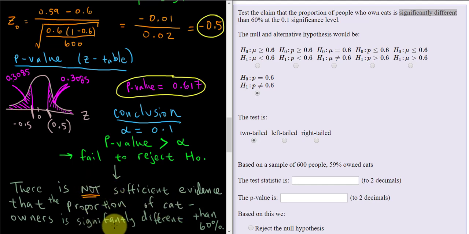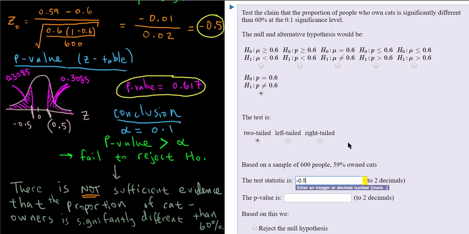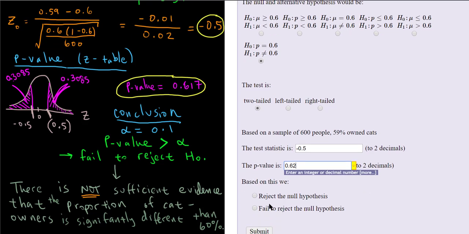And that can help you structure your conclusions or interpret a conclusion that is already pre-written. Let's go type these values in to make sure that we are correct. Our test statistic, -0.5, p-value 0.617. Oh, they want us to round to 2 decimal places, 0.62, and we failed to reject the null hypothesis.